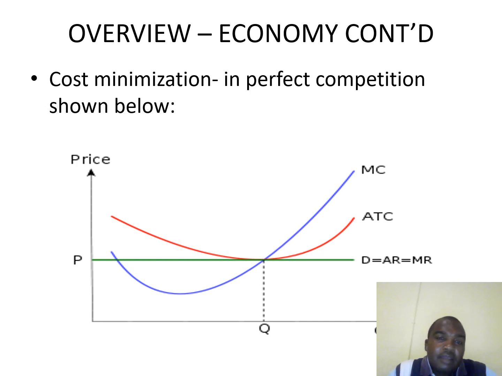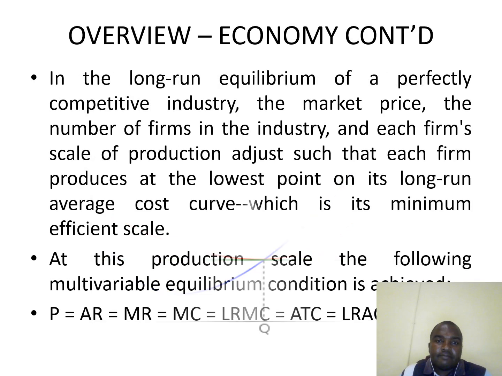It must manipulate those combinations until it attains the output and cost combination which minimizes average total cost. And obviously this occurs in the market structure of perfect competition.